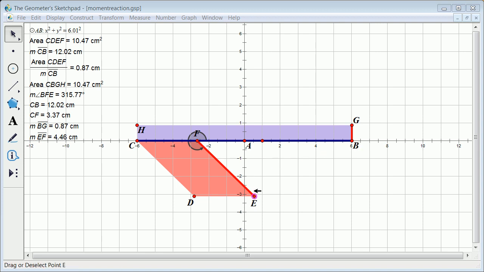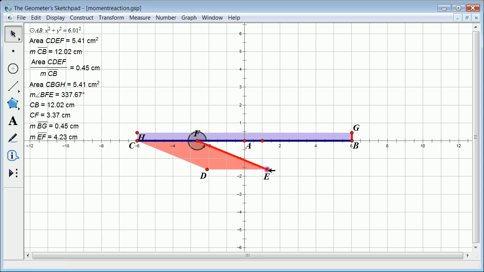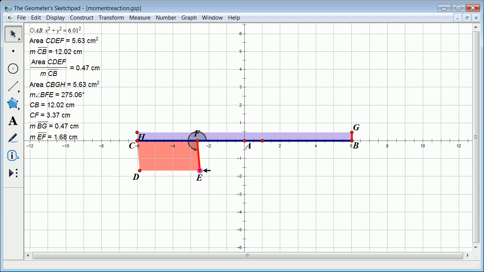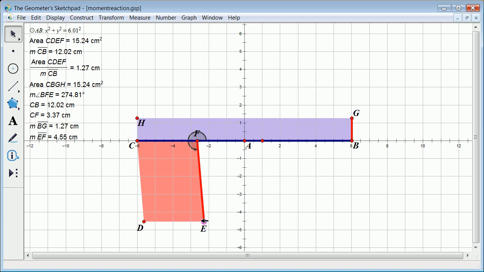And the cross product is also the area of the quadrangle formed by a radial vector and a force vector. So I give you a geometric construction of reactions and moments.